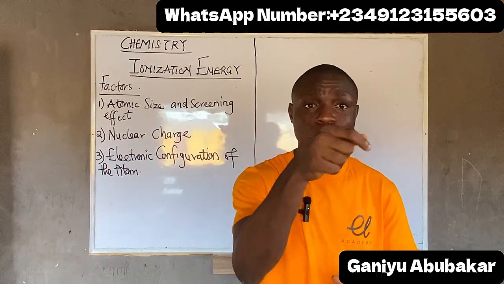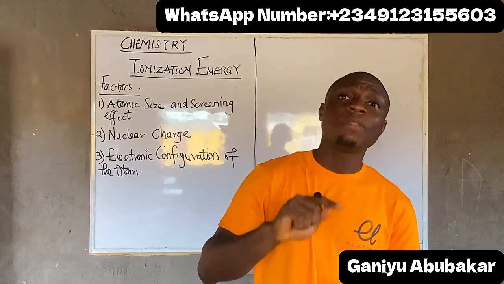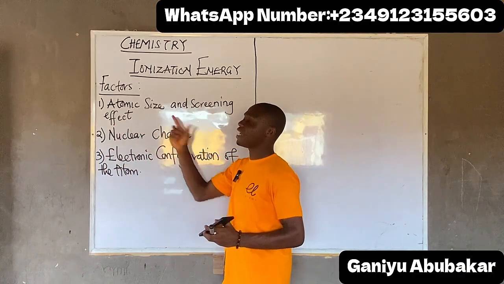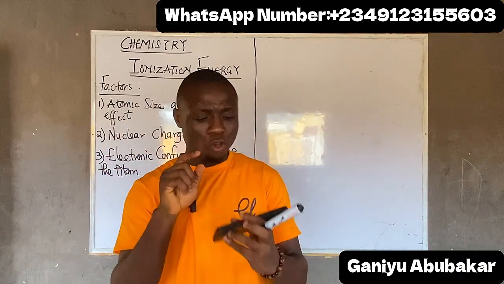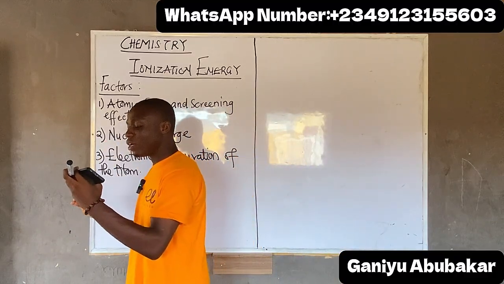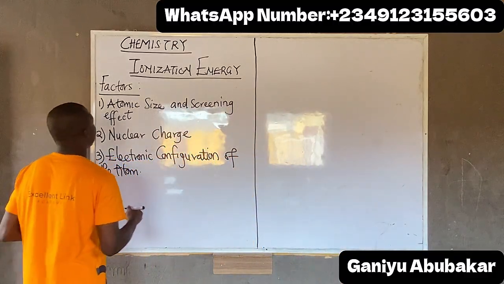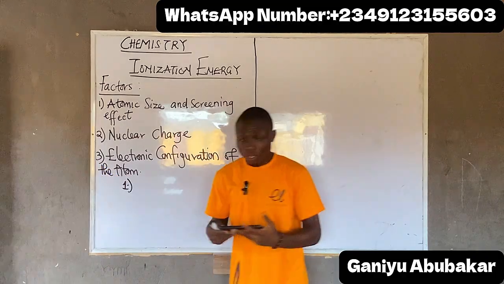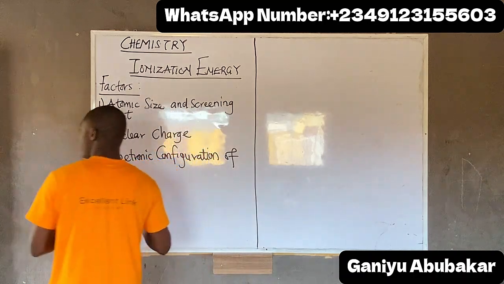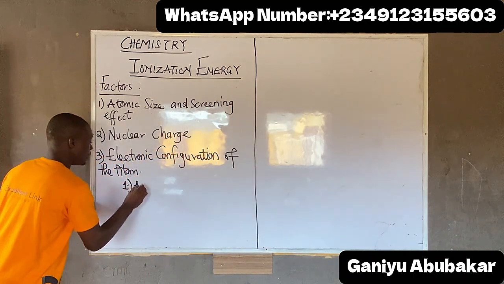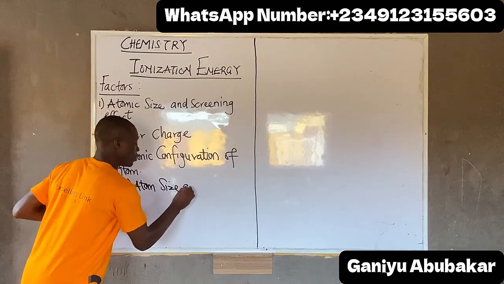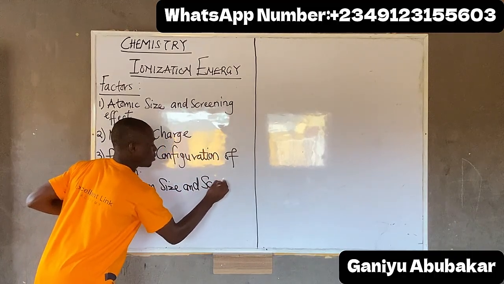Now, as a factor affecting IE, if you observe some elements such as hydrogen, lithium, sodium, and potassium, let's write them down and see what I'm saying about atomic size and screening effect.